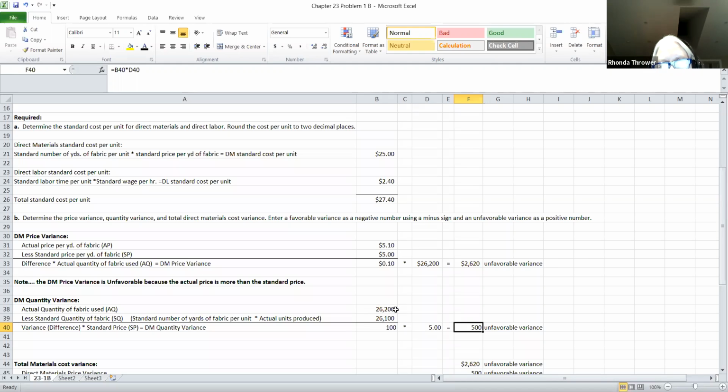But you would want to go back and investigate why the actual quantity of fabric was more than your standard quantity. It may have been something simple, like you may have hired some new employees and they're just learning how to cut the fabric and they cut some of it wrong. But anyway, you want to investigate it to see why that happened, and you would want to take action if it was necessary.